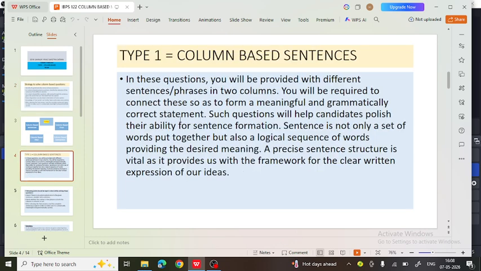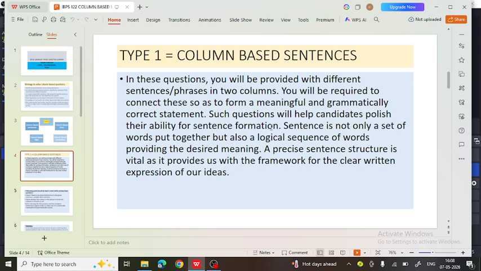Now, let's see the first type, column based sentences. In these questions, you will be provided with different sentences and phrases in columns. You will be required to connect these so as to form a meaningful and grammatically correct statement. Such questions help candidates polish their ability for sentence formation.